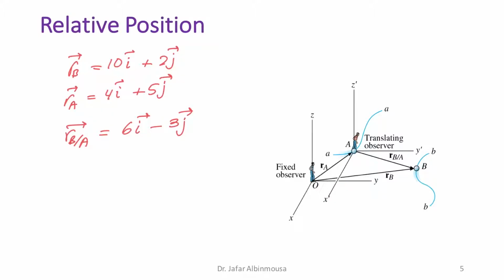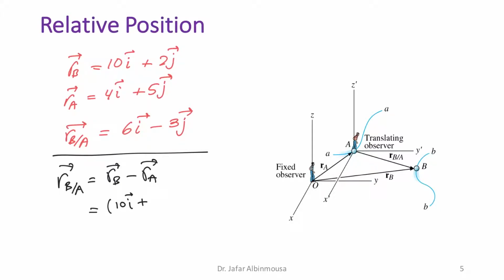Well, we already said that RB with respect to A is equal to RB minus RA. So I have 10I plus 2J minus 4I plus 5J, which clearly, if I take 10 and I subtract 4 from it, I get 6. And if I have 2 and I subtract 5 from it, I get minus 3.